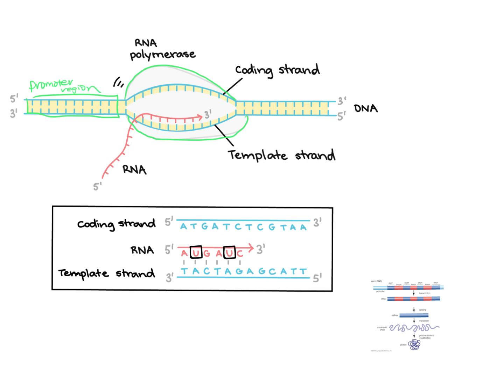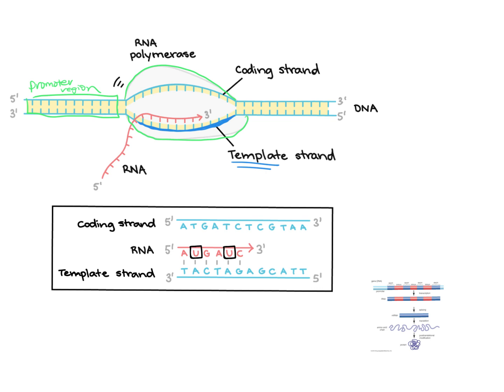RNA polymerase is going to bind, open up the DNA strand, and then synthesize one strand right here. The strand that it's using as a template is called the template strand. RNA polymerase reads the DNA strand and creates a copy of it, but using complementary RNA bases.